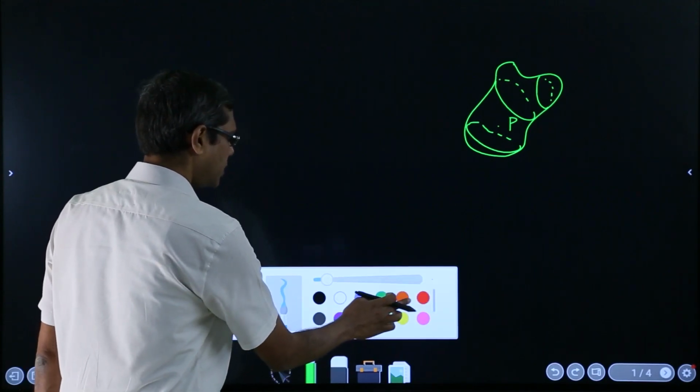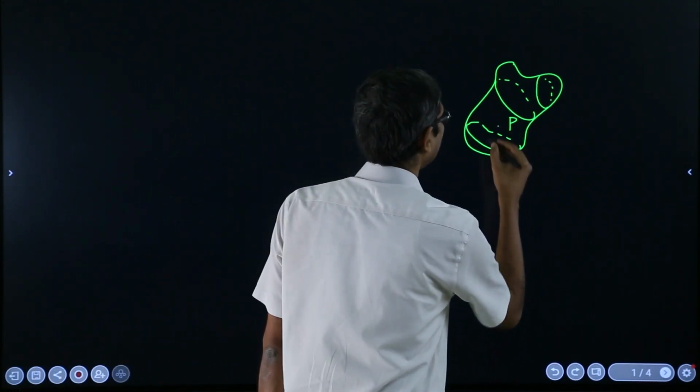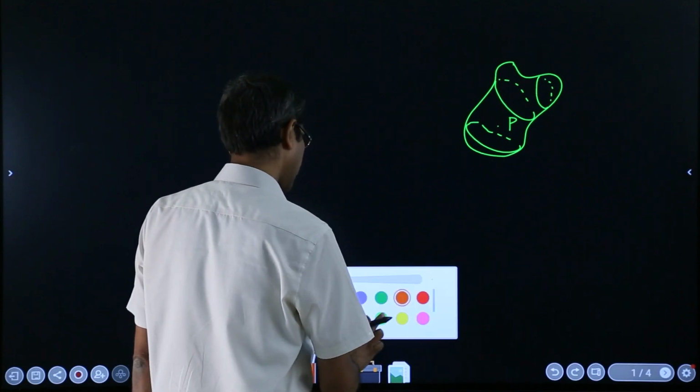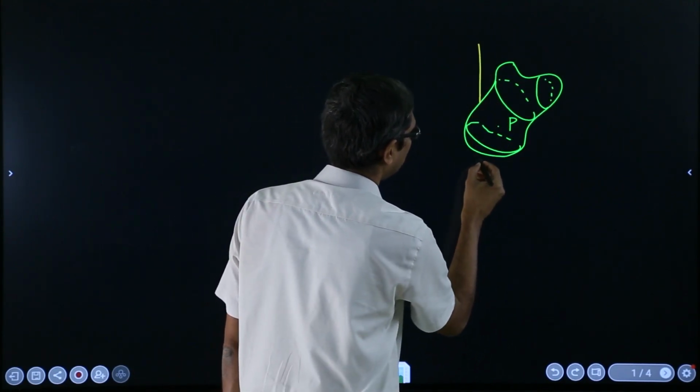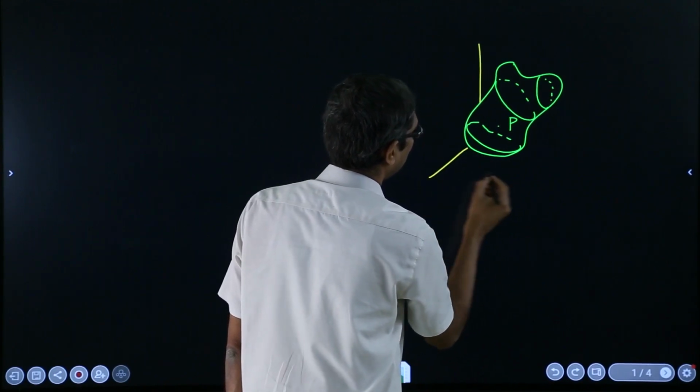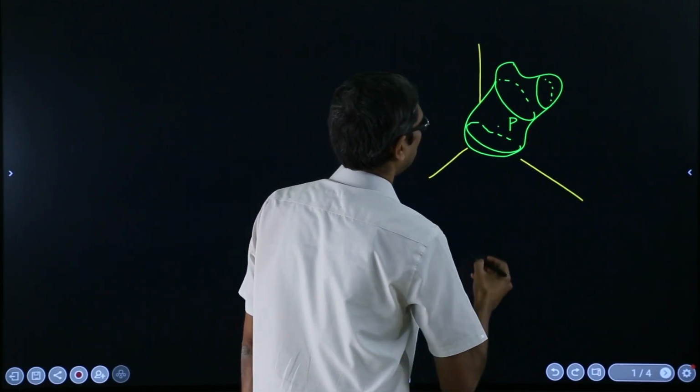When we say the state of stress at point P, what we mean is we first have to define a particular coordinate system. Without that coordinate system we can't even talk about directions.